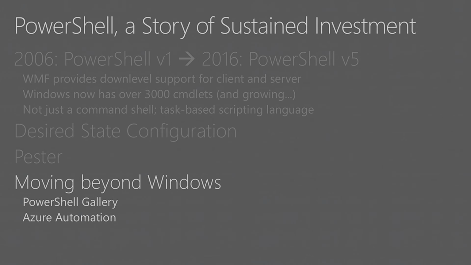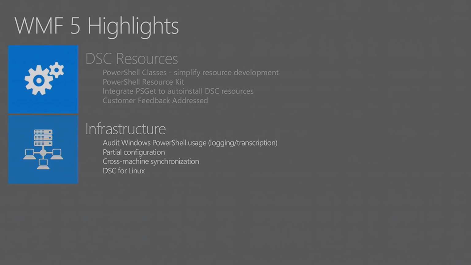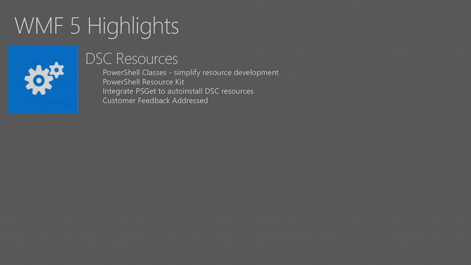And then moving beyond Windows, the PowerShell Gallery and Azure Automation provide a lot of capabilities and additional scripts and DSC resources that you can download and use in your environment. WMF5 is available. Sam mentioned this is required to install on your 2012 R2 machines that you want to use SMT to manage.